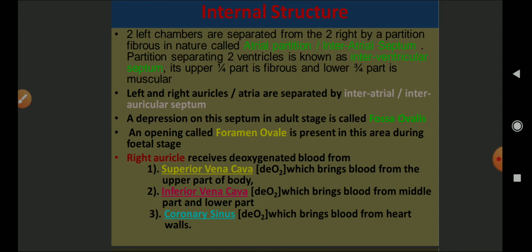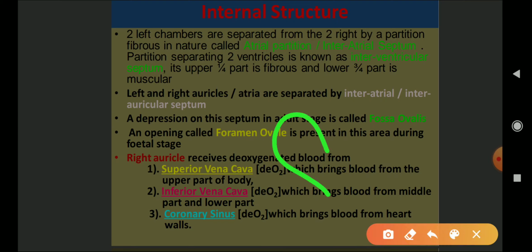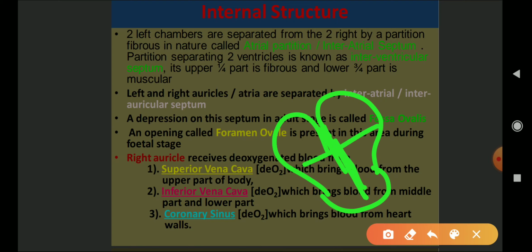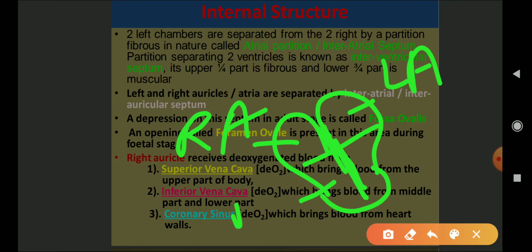The left and right auricles are separated by the interauricular septum. Now let me draw the diagram here. This is the heart. This one is the right auricle, this one is the left auricle, this one is the right ventricle, and this one is the left ventricle.